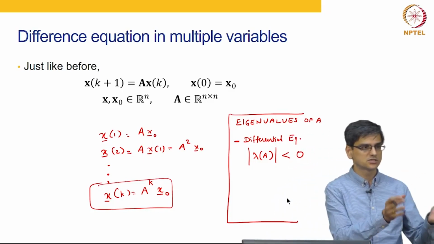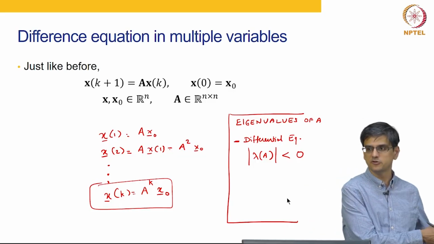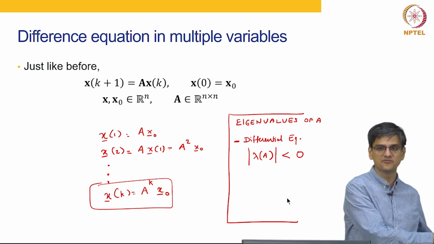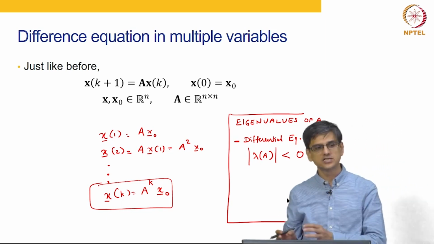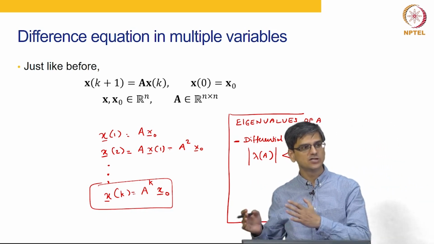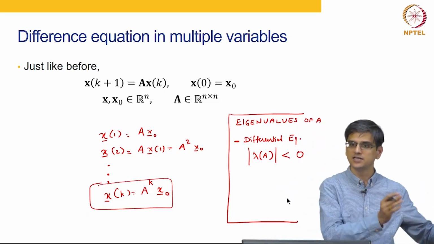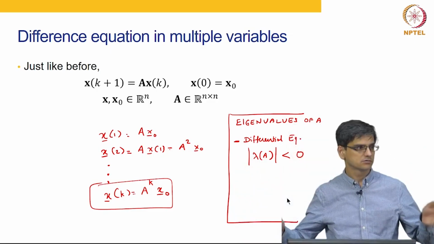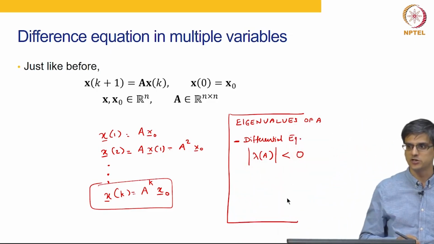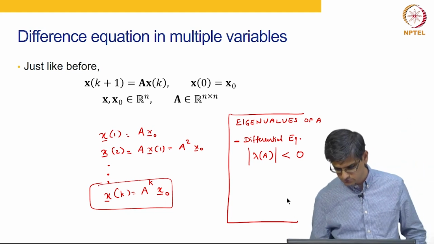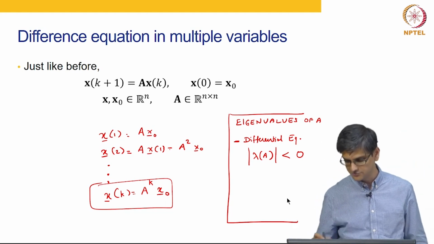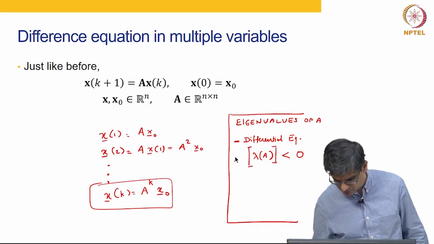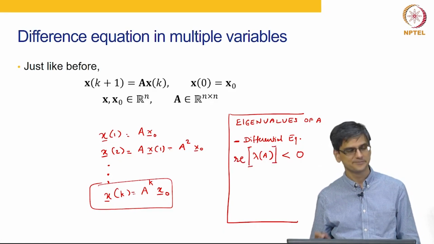That is what some of you said in day before yesterday's class, that the poles should lie in the left half plane. Likewise, for this equation, the eigenvalues of A should lie in the left half plane. That is what this means. The two vertical lines is just the modulus, not the absolute value, the real value, sorry, this is wrong, it is Re.